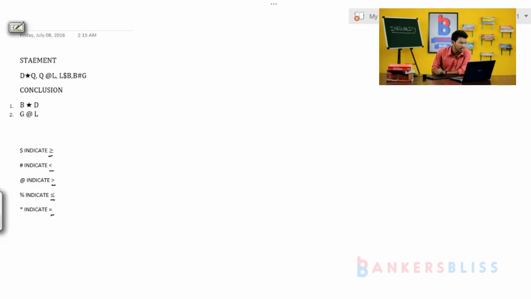Here the statement is given: D star Q, Q at the rate L, L dollar B, B hash G. What do we do guys? Simple, just write it first as D star Q, comma Q at the rate L, L dollar B, B hash G.